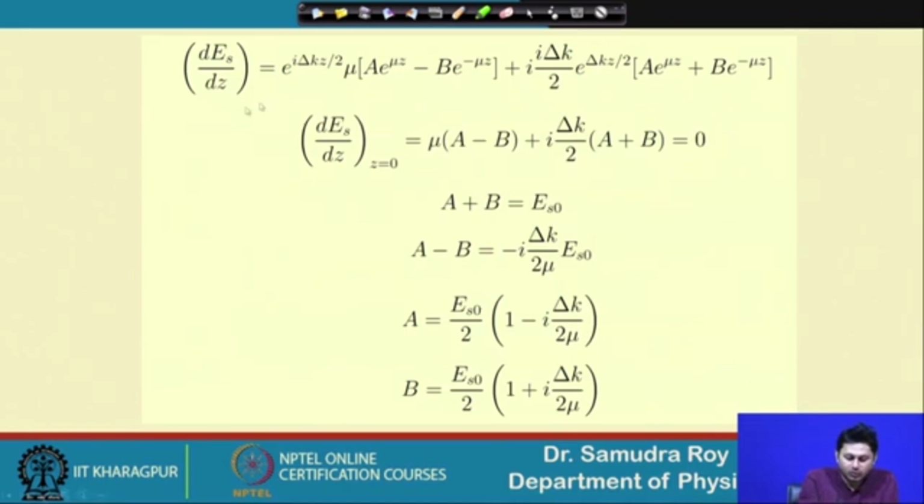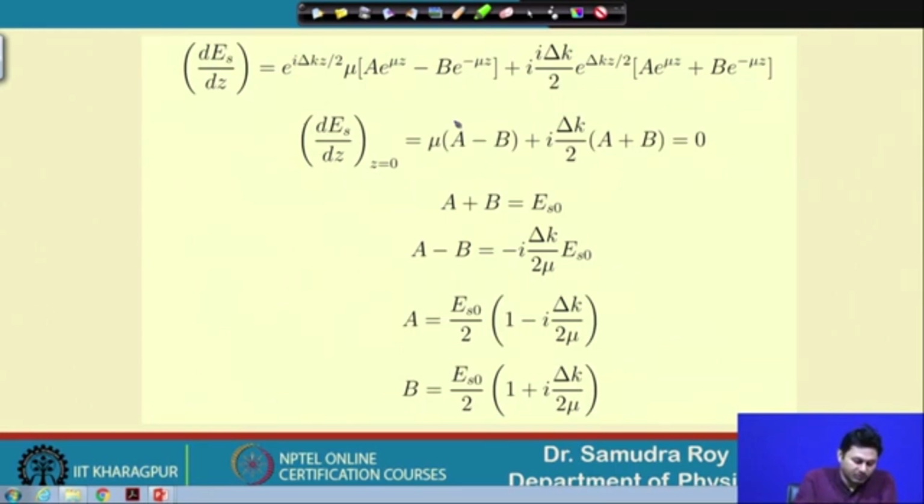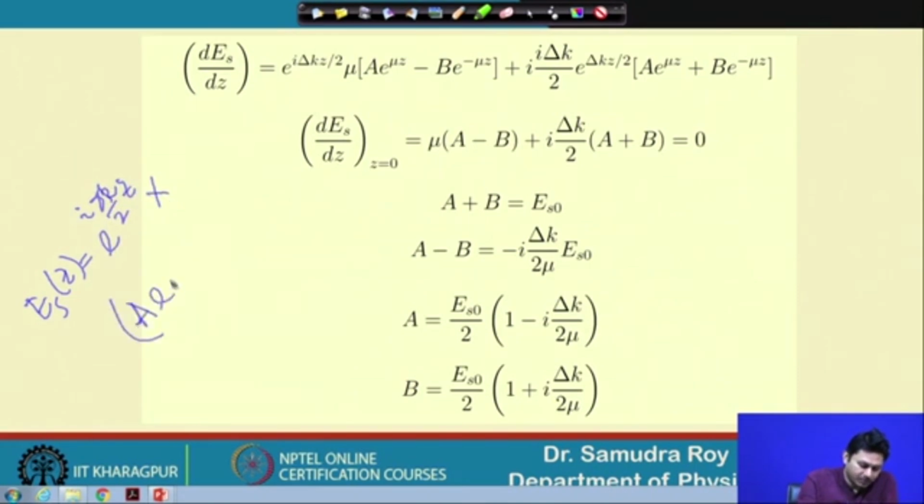Once we have this total expression in our hand, E_s is something like e to the power of i delta k divided by 2 z, multiplied by A e to the power of mu z plus B e to the power of minus mu z. That was our term, so I need to take a derivative of this.